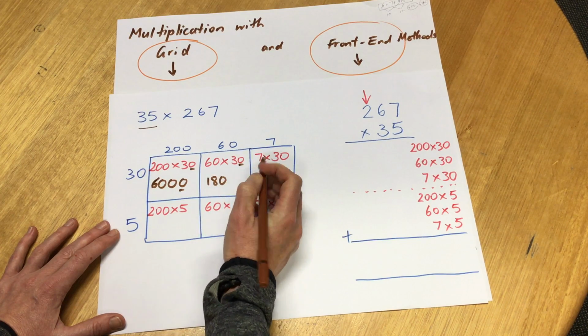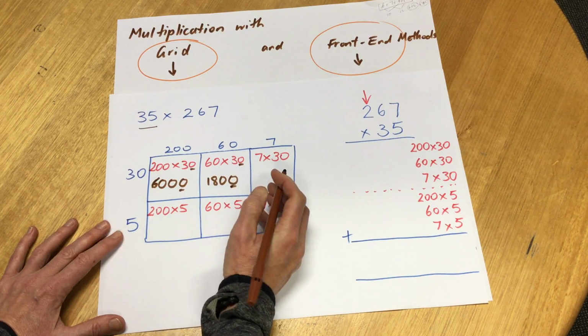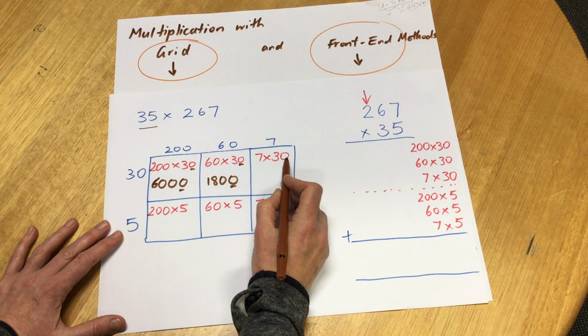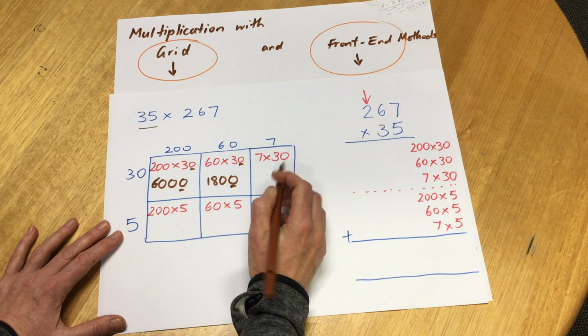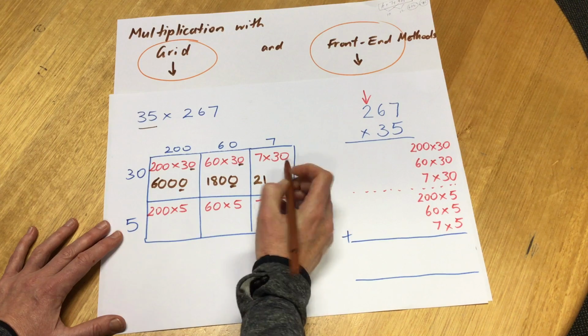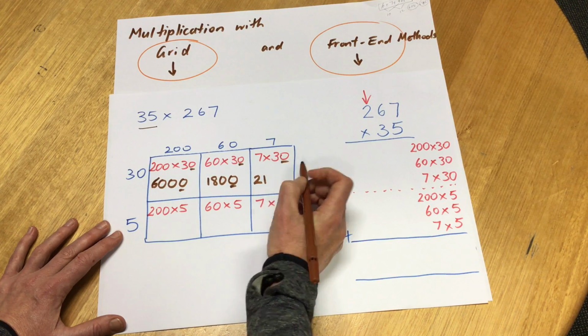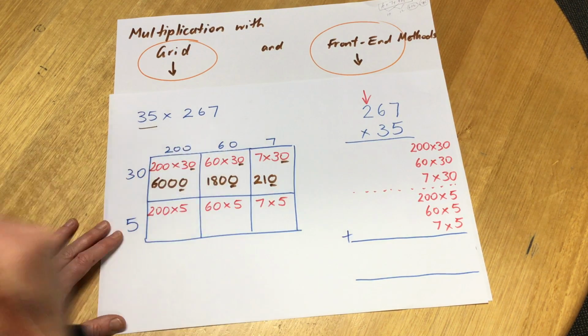But it's not just 3, it's 3 tens, so I've got to remember that. 7 30s. 7 times 3 is 21, and I have to remember it's 3 tens, so I can't forget that.